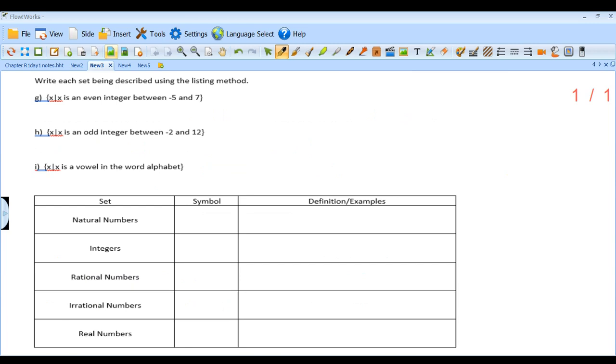Now here they want us to describe each of these using the listing method. Before we talk about integers, we want to go ahead and describe those and what they look like with the symbol and then define those. So first of all, there are natural numbers, and the symbol for natural numbers is a double-stemmed N. And the definition or examples are your counting numbers.